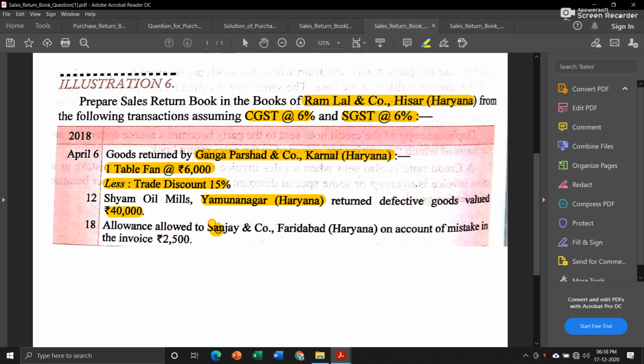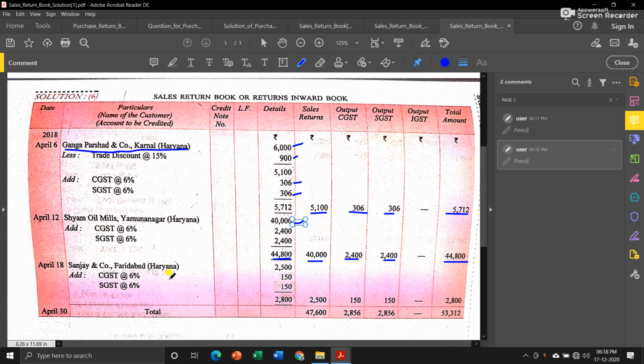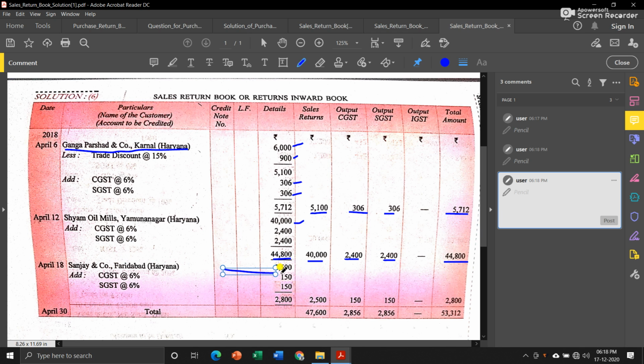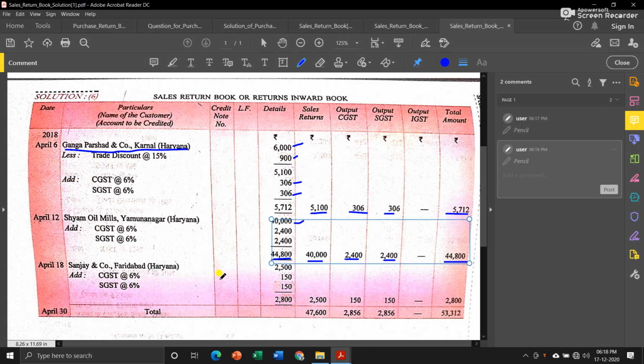Next transaction: allowance allowed to Sanjay and Company, Faridabad, Haryana on account of a mistake in the invoice, 2500. There was a mistake in the invoice and we have allowed them an allowance of rupees 2500. So we will write the name of the business, Sanjay and Company, Faridabad, Haryana, of rupees 2500.